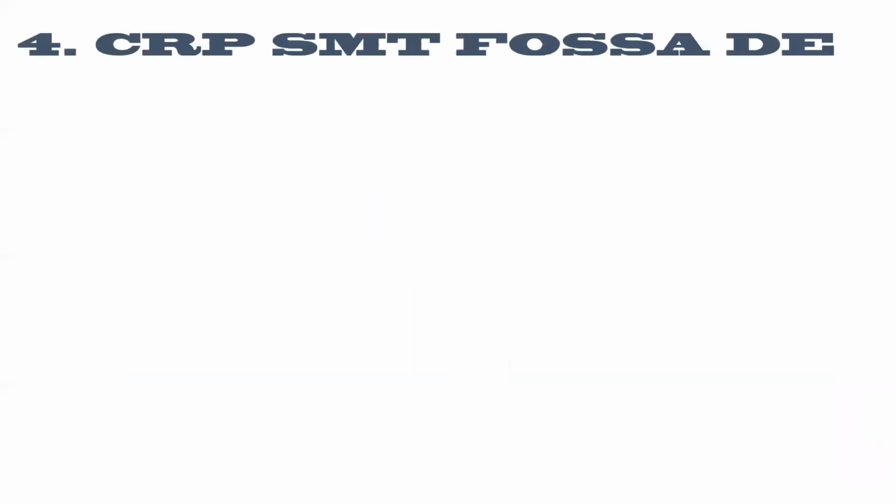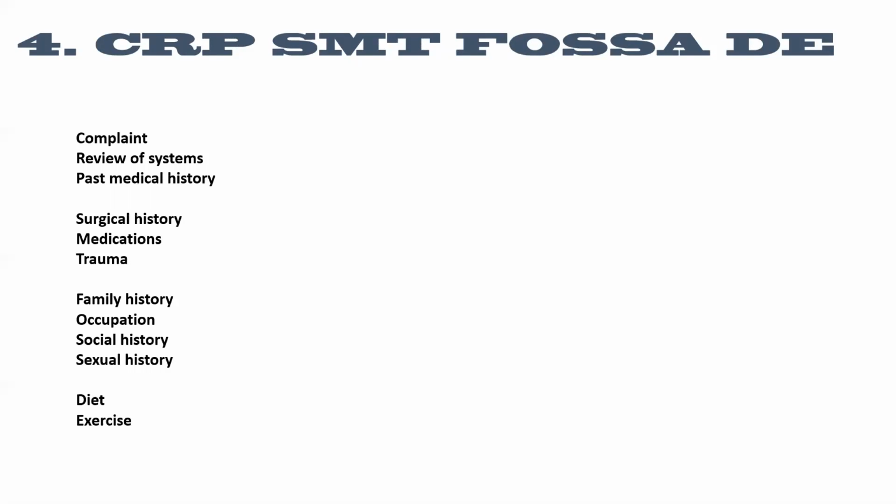Then my fourth tip, during taking the history, so as to not forget anything in the history, usually we use a mnemonic. So I use this mnemonic, CRB, Smith, Fossett, B. So CRB stands for Complaint, Review of Systems, past medical history and surgical history, medications, trauma, family history, occupation, social history, sexual history, allergy, diet, and exercise.